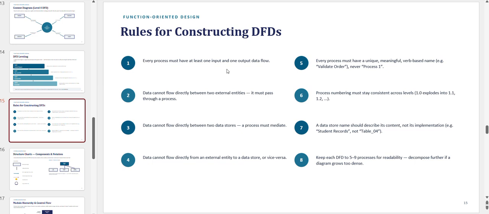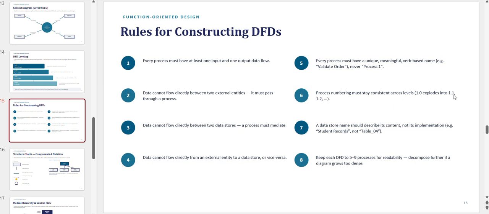Fourth rule is data cannot flow directly from an external entity to a data store or vice versa. Fifth rule is every process must have a unique, meaningful verb-based name. Example: validate order, never process 1. Sixth rule is process numbering must stay consistent across levels.